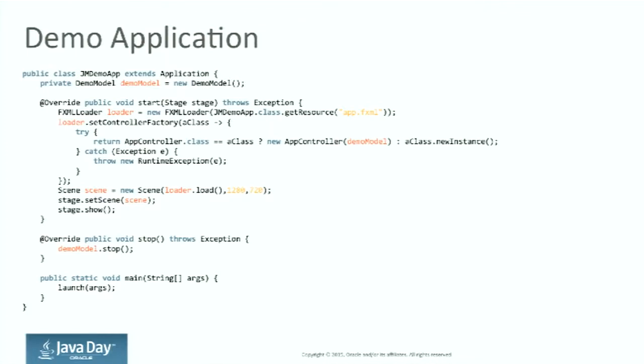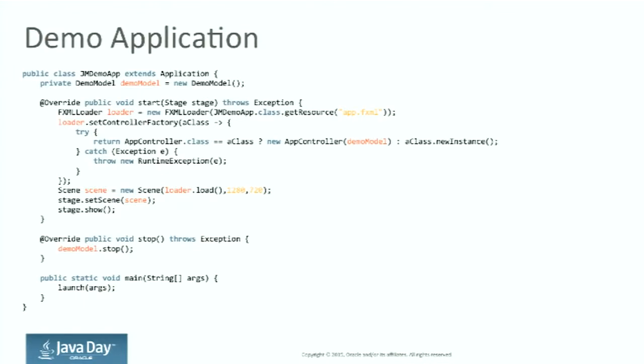So then the final piece to make my whole application is the main class, and all this is doing is constructing my controller and passing it in the data model. So the top level app controller needs one piece of information, which is our central data model, which is going to be replicated over the network.